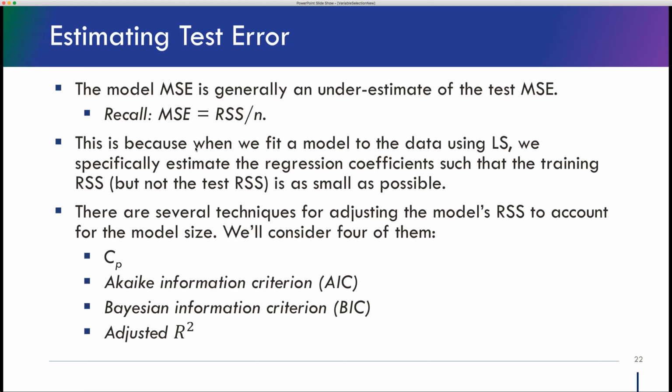It's because when we fit the model using least squares, we specifically estimate the regression coefficients to make the training residual sum of squares as small as possible. Remember, when we do the fitting, we try to put the line as close to the data overall.